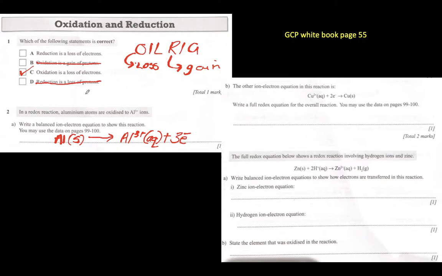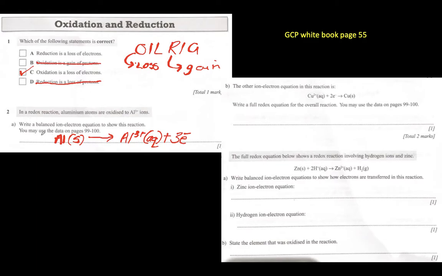Aluminium is oxidised to aluminium ions and copper ions are reduced to copper atoms. Now in a full redox equation, we have to eliminate the electrons, we have to cancel them out. So we have 3 for our oxidation reaction and 2 for our reduction.